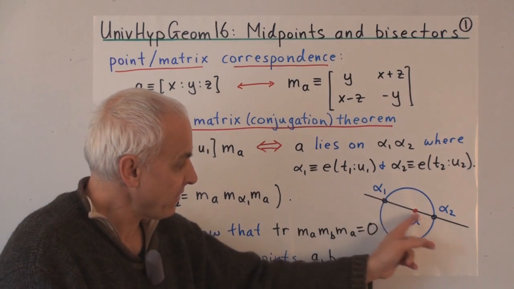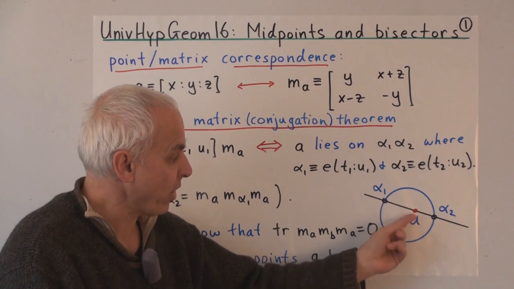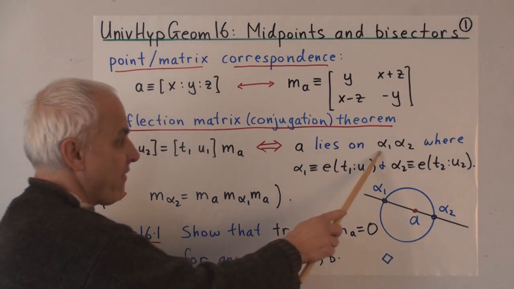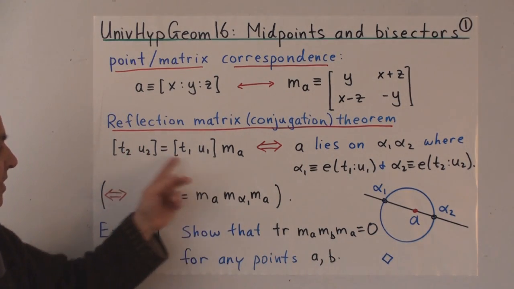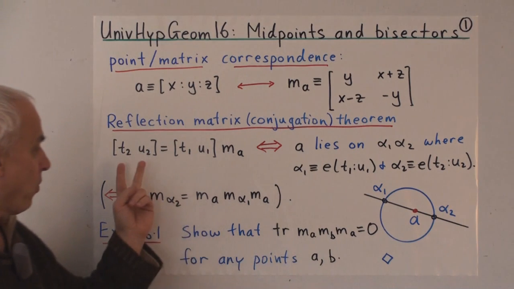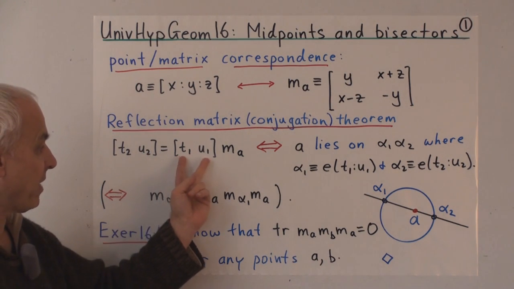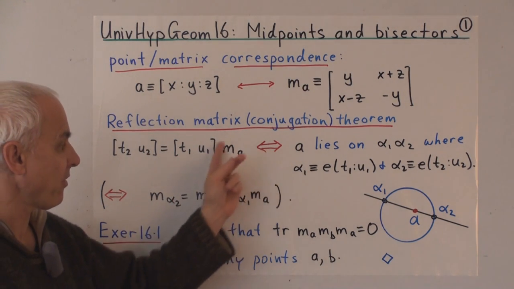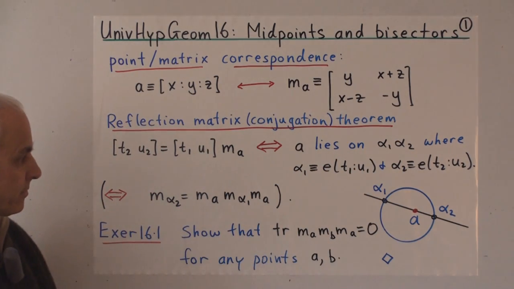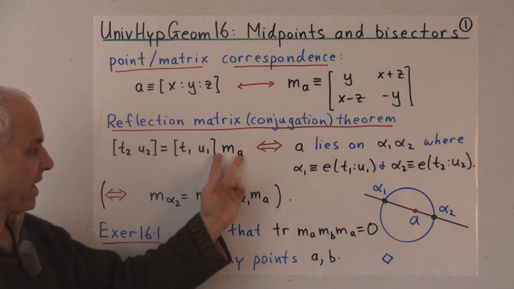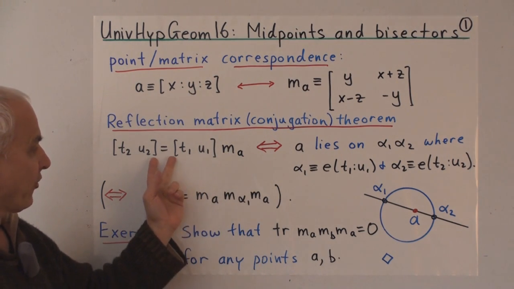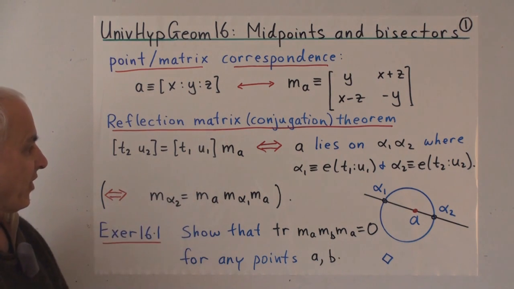Then we have a situation like this where the 2 points determine a line passing through A, so A lies on alpha 1, alpha 2, precisely when this relation is satisfied by the 2 proportions. That one of the proportions is obtained from the other proportion by multiplying on the right by this matrix M sub A. And M sub A squared is equal to 1 typically, and so we can also rewrite this, put it on the other side as well if we like.